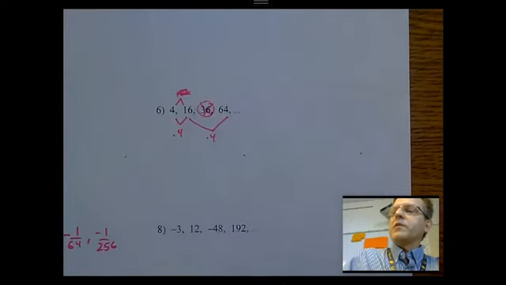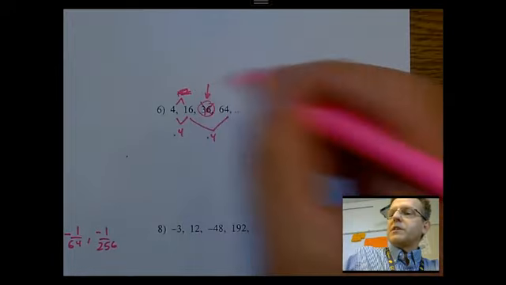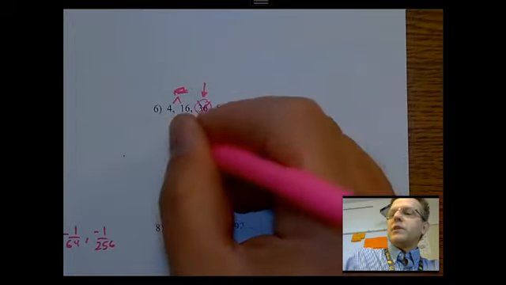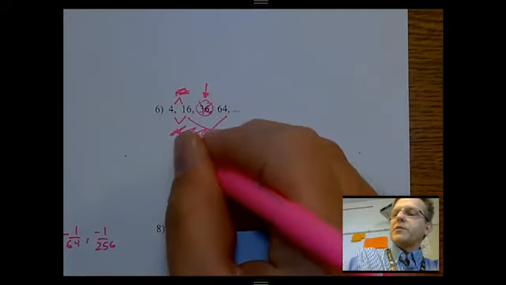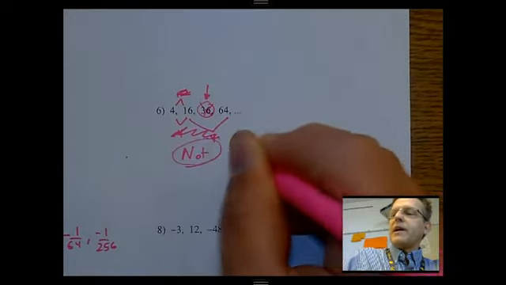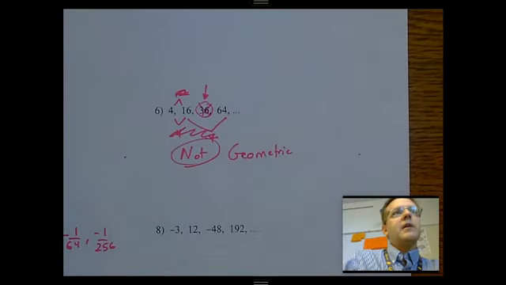So if you took the 36 out, then it would be times 4. But there's a 36 in there, so it doesn't work with multiply by 4. So you can't add, you can't multiply. So this one is not geometric. It doesn't follow a consistent multiplying rule.